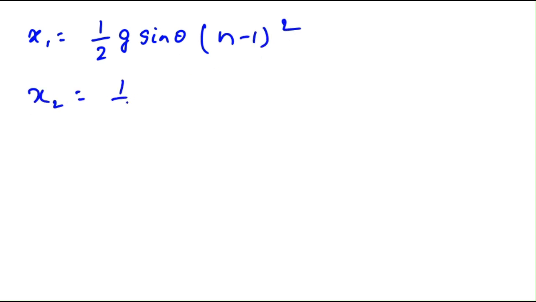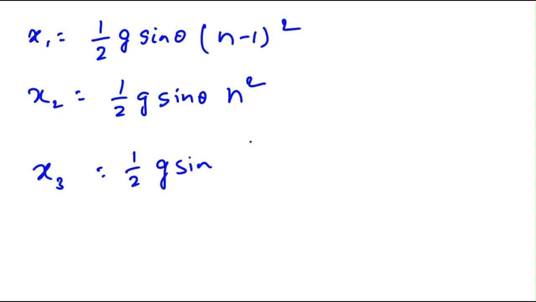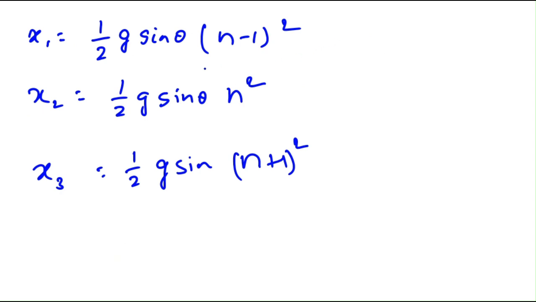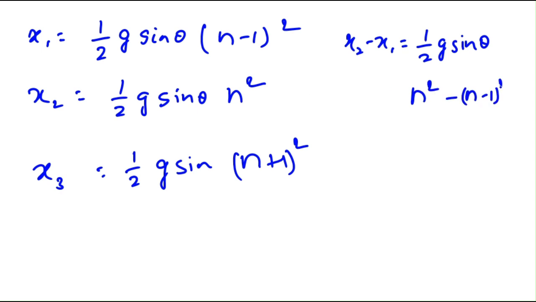X2 will be half g sine theta n square, and x3 will be half g sine theta n plus 1 whole square. So x2 minus x1, which is Sn, will be half g sine theta, this thing is common, and then we have n square minus n minus 1 whole square.